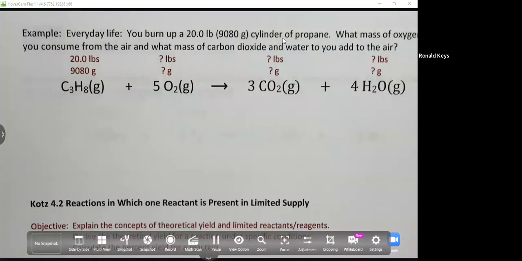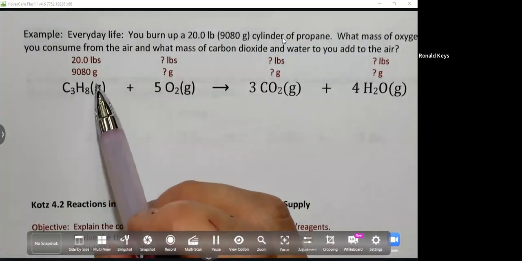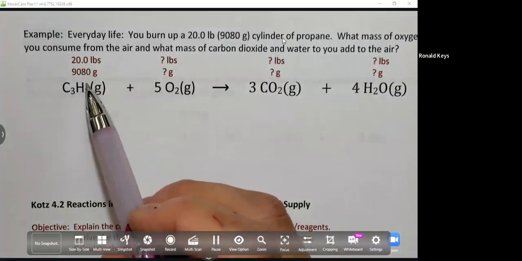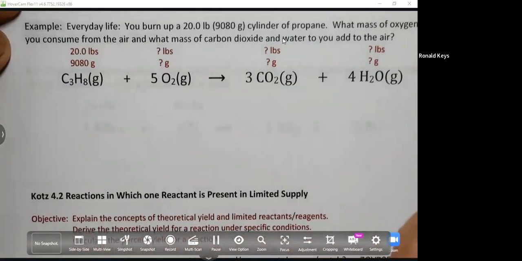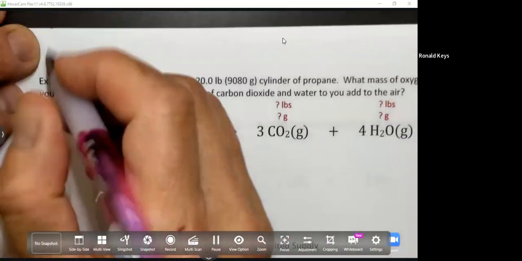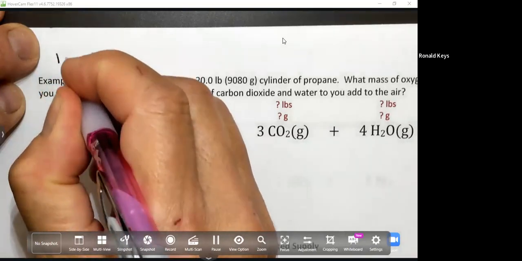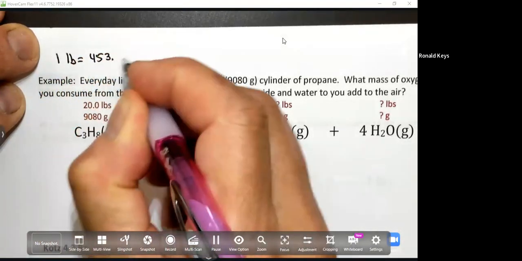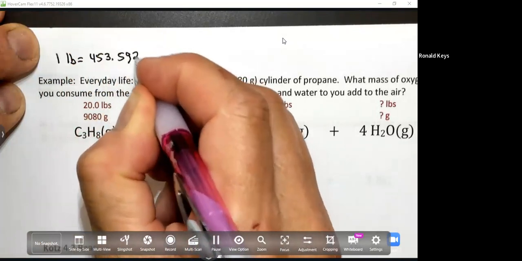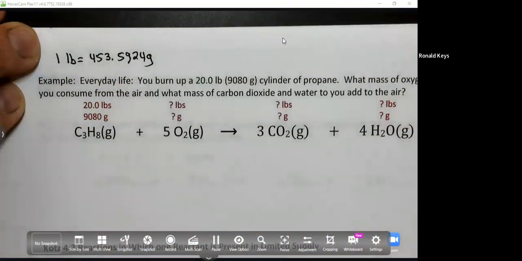So the very first thing we have to do is convert. And I already converted 20 pounds is 9,080 grams. We know that 1 pound is equal to 453.5924 grams.